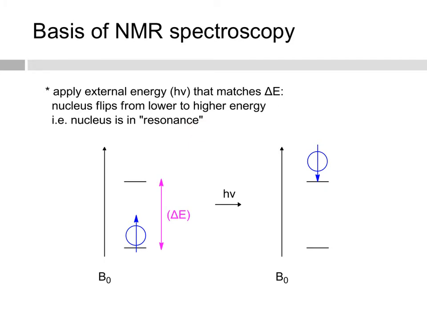The nucleus then flips back to align with the magnetic field, and in doing so releases the same energy. And this is what gives the signal that is measured by the instrument.